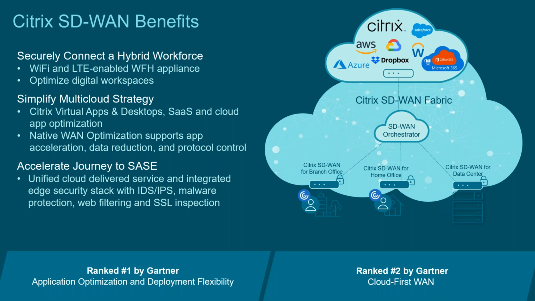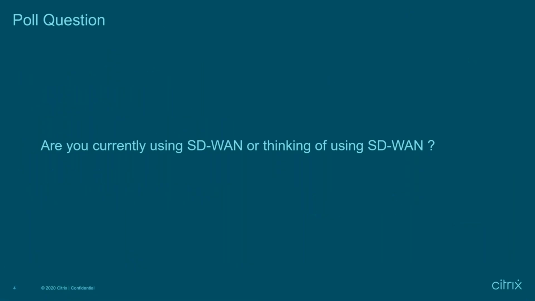And in terms of value addition to cloud workloads, because of the breadth of features that are available, regardless of where the workload is, you can have it accessed over the SD-WAN. Okay, so that's a high level brief into SD-WAN.